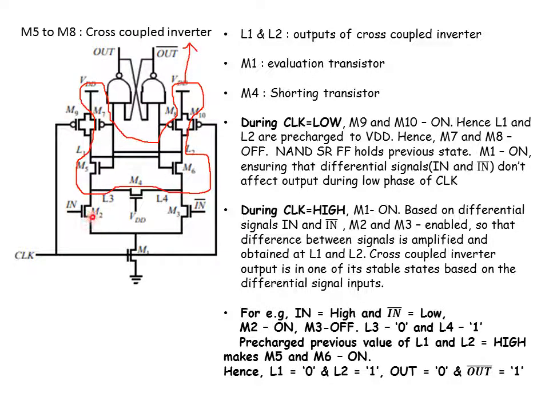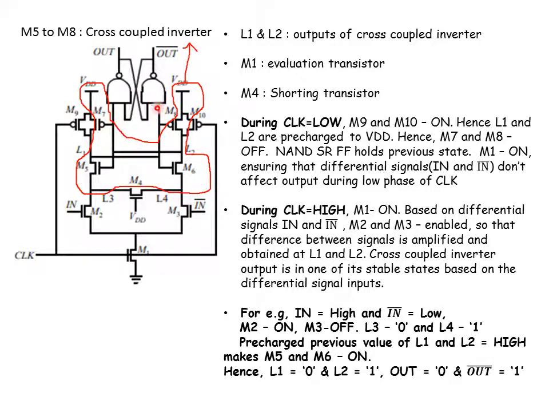M2 was already on and held the value 0, so now when M5 is also on, L1 is pulled to 0. At the same time, M3 is off and M6 is on, so L2 will hold its previous value, which was charged to VDD. Hence, when in equals high and in bar equals 0, we get L1 equal to low and L2 equal to high.